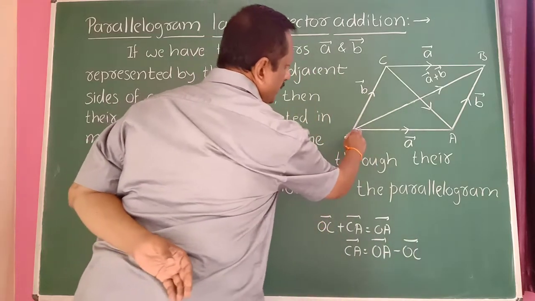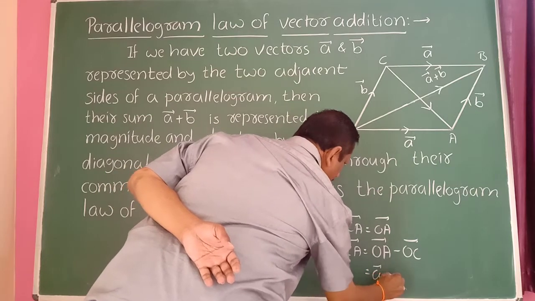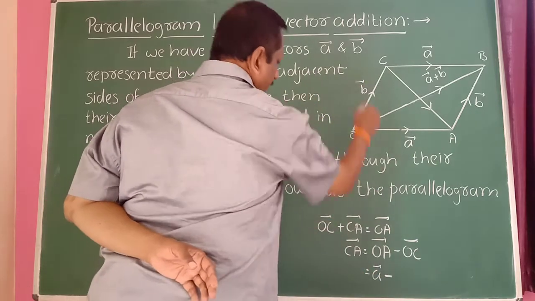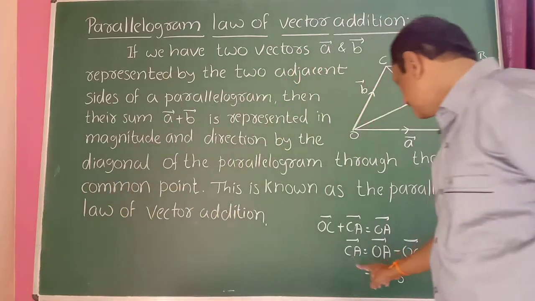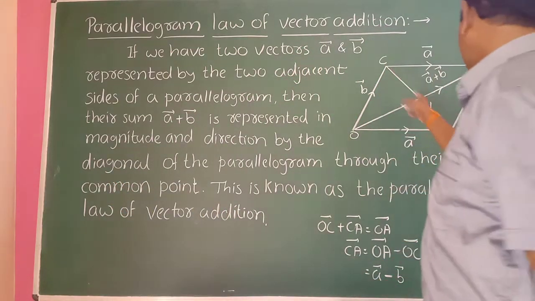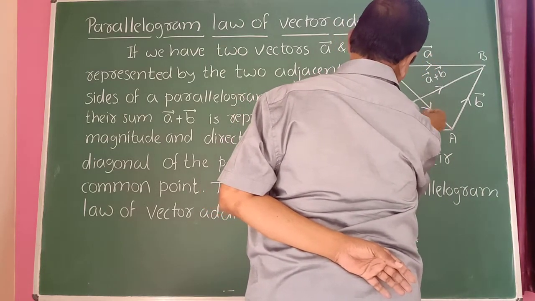And you know that OA bar is the vector A bar here. So it is A bar. And OC is the vector B bar here. So B bar here. Hence, CA is A bar minus B bar. This vector is A bar minus B bar here.